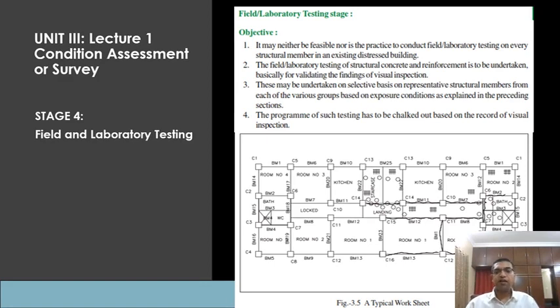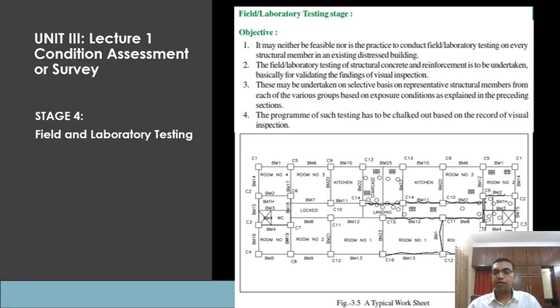So as I said, this is an example of a building drawing, and these are the columns and these are the beams. They are numbered, and these are the slabs, right? And each room appears to be like an apartment. This is an apartment, this is an apartment, this is an apartment, this is an apartment.